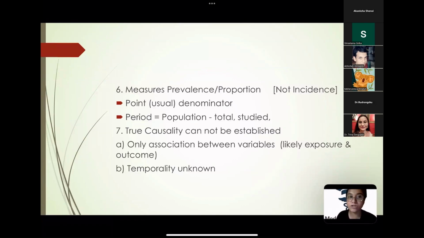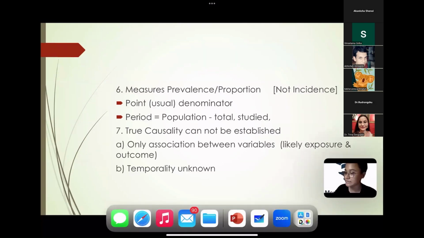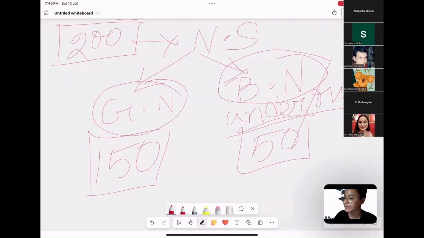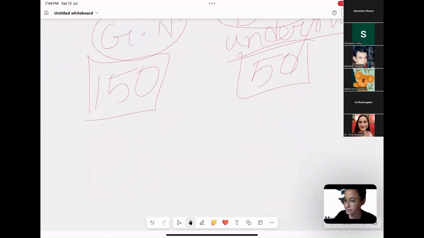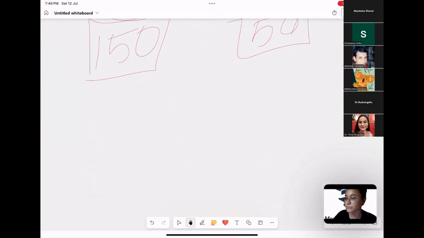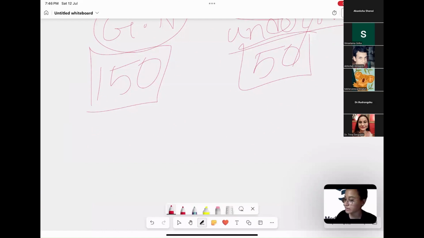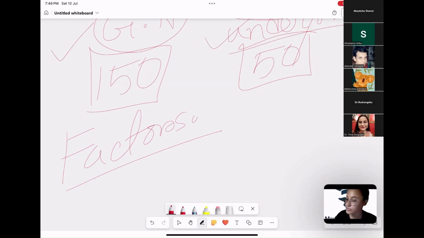As we cannot establish true causality, what we can again measure is, after having measured the nutrition, we have to assess what factors are responsible for good nutrition and bad nutrition. So what can be the factors?